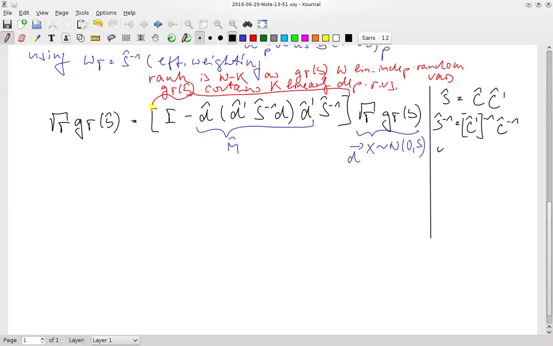That is because we can use a result from matrix algebra which reads as follows. You have the product of two matrices, A and B, and you're interested in the inverse of this product. And suppose that both matrices are square. What you get is the result that you can write this inverse also as follows: the inverse of B, multiplied with the inverse of A.